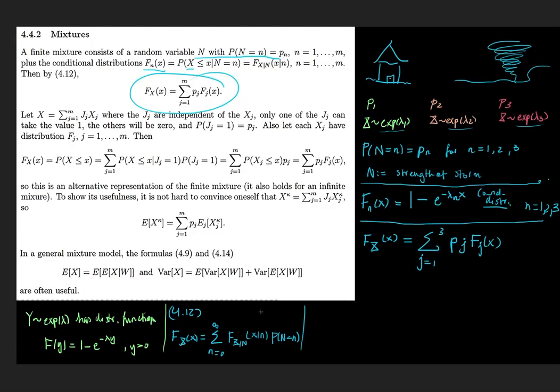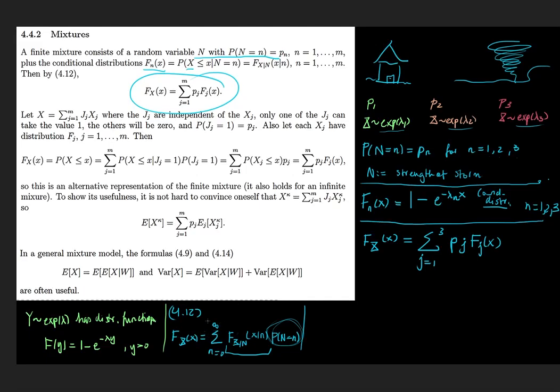And when we take a look at our specific case here, we can see that our conditional distributions are actually our Fn's, and our point probabilities that we use to make a weighted average of these conditional distributions are given by P1 and P2 and P3. So this is the case where we get the distribution function.